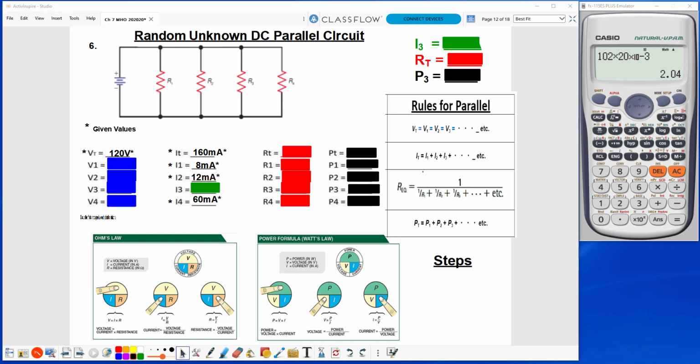In this video, I'll be calculating the values for a DC parallel circuit from the Chapter 7 Math handout, problem number 6. My known values will be taken from the Chapter 7 Math handout.